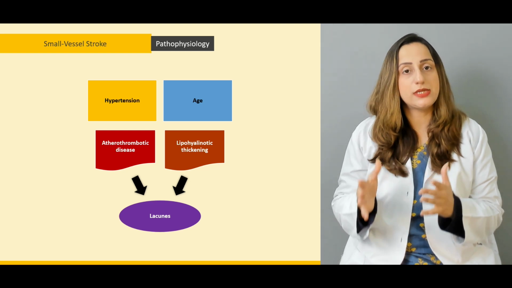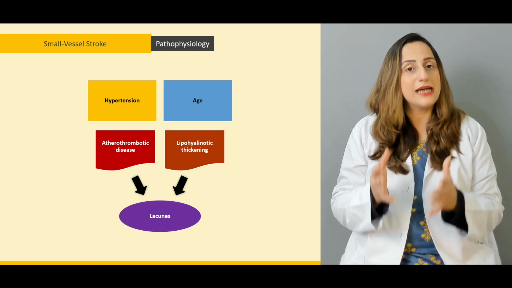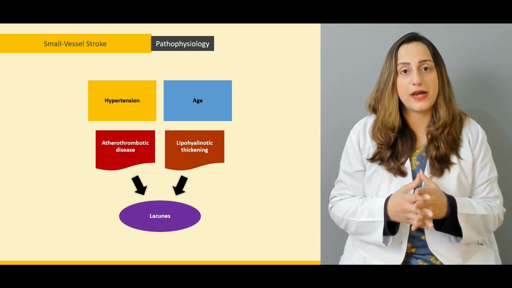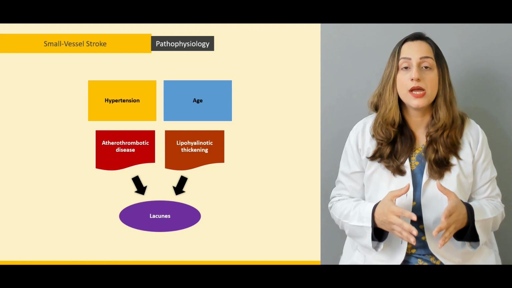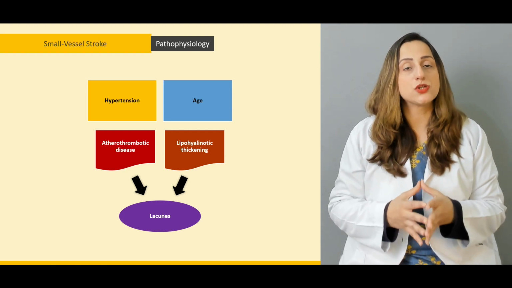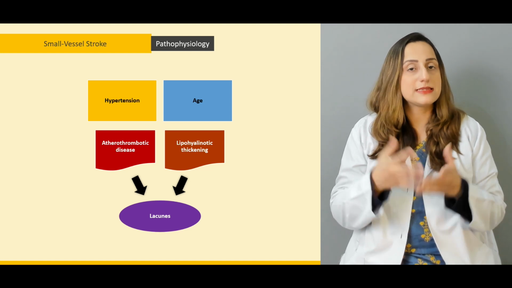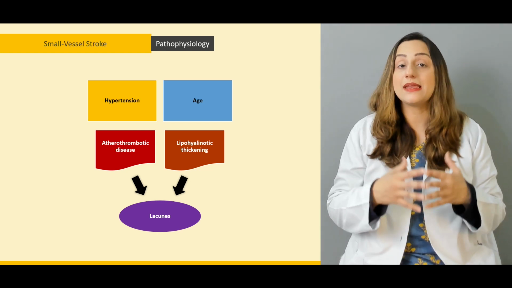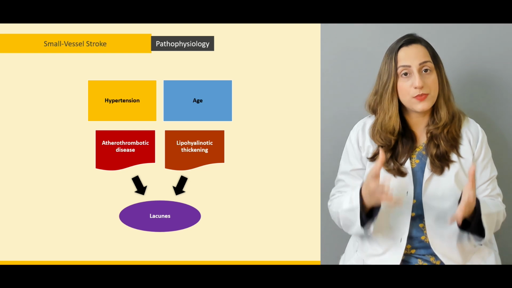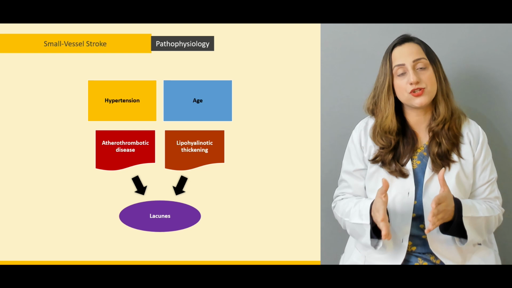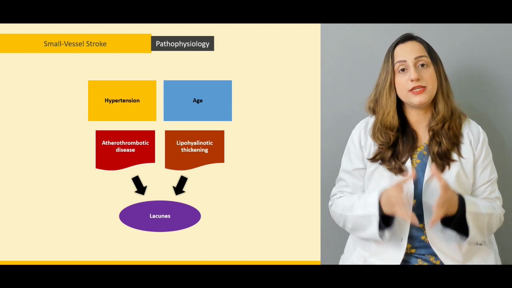if he or she is already a diagnosed case of hypertension or even a newly diagnosed case of hypertension, that is going to contribute towards the development of lacunes. Sometimes these lacunes can be symptomatic and sometimes they remain asymptomatic in these patients, but still you have to have a secondary prevention designed for them.